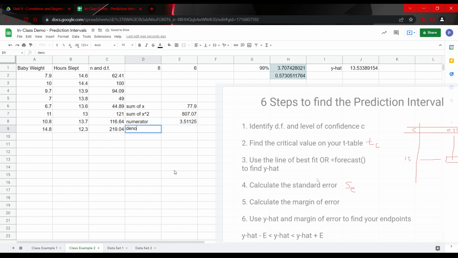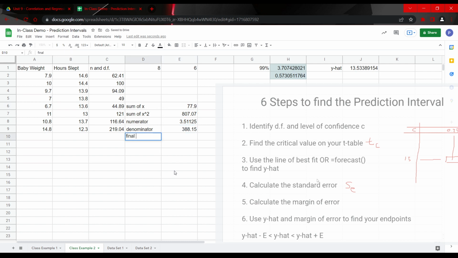My denominator is equal to 8 times the x squared, which is this one. Let me put that in parentheses. Minus the sum of x, which is up here, squared.